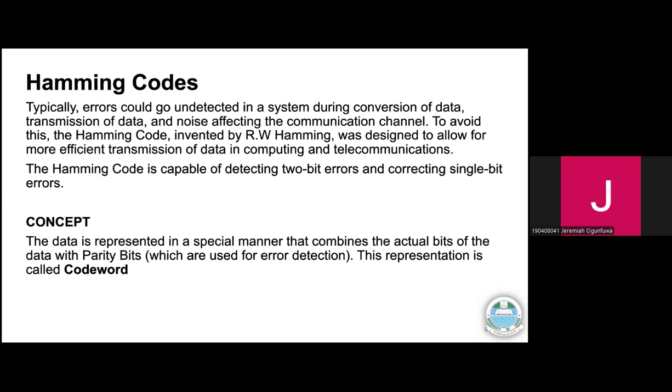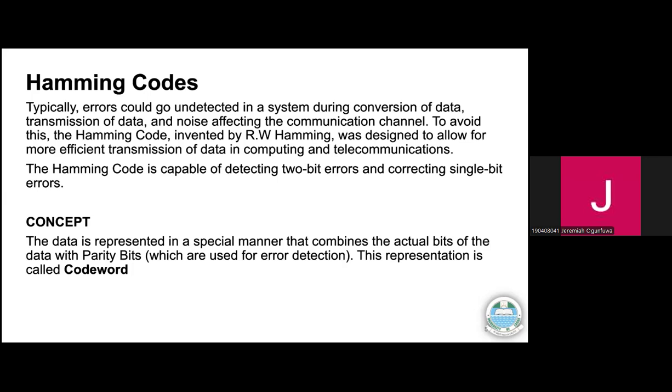It was invented by R.W. Hamming, who designed the Hamming codes for more efficient transmission of data during computing and telecommunications. The Hamming code was designed to detect 2-bit errors and also correct single-bit errors.